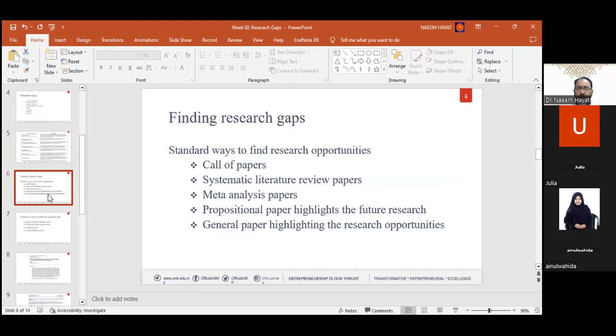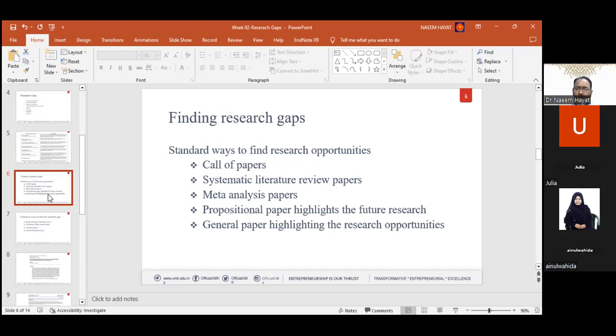If we look into a call for papers, they already give us the topic area to write on and the research problem they are looking for. So if you go for a call for papers advertisement, it already tells us what to do, what literature we need to read, and what problem they are looking for. So it is quite easy.